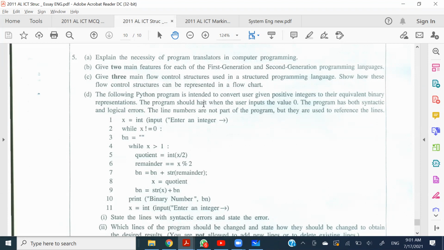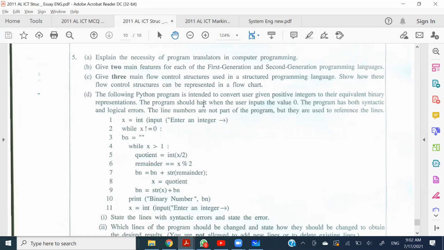That means the machine code, right? Without that, the computer will not be able to understand the instructions given by the programmer, because the programmer types in a human readable language. Translators convert that human readable code into ones and zeros, which we call the machine code.